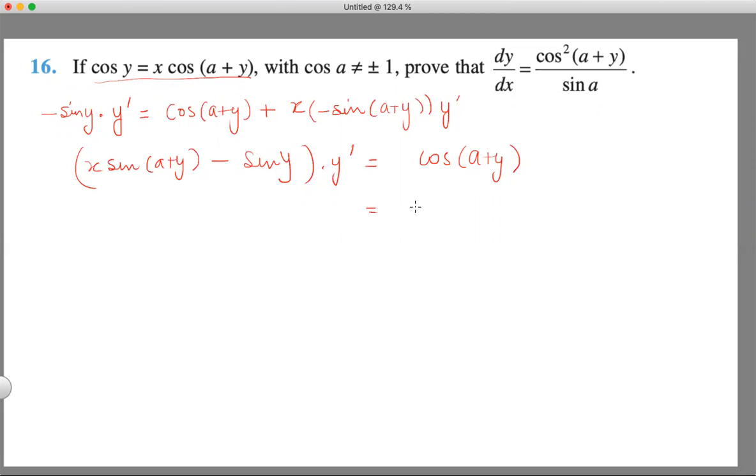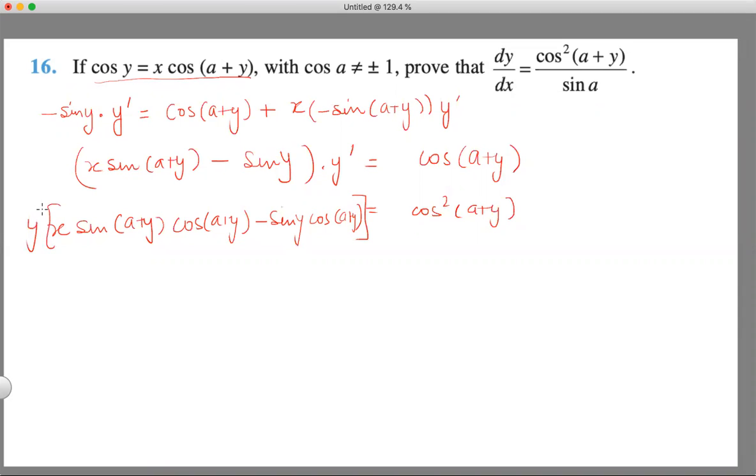So we will get cos square a plus y, and we will get x sine a plus y cos a plus y minus sine y cos a plus y, and everything outside that we have y dash, right?